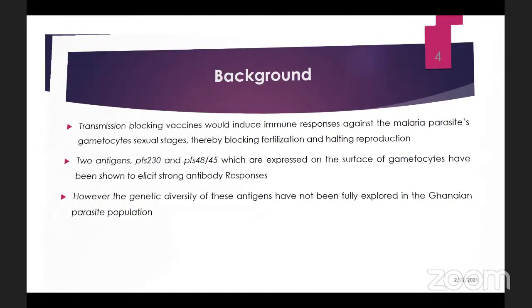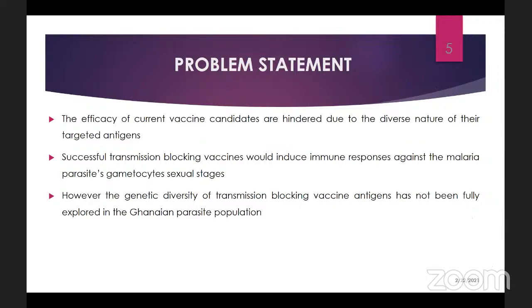Okay. So the problem is the efficacy of current malaria vaccines is hindered due to the diverse nature of the targeted antigens. To have a successful transmission blocking vaccine, it will have to induce immune responses against the malaria parasites at the gametocyte stage.